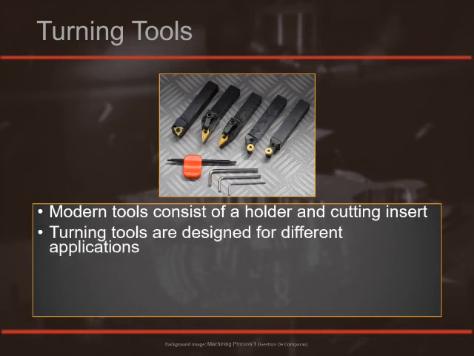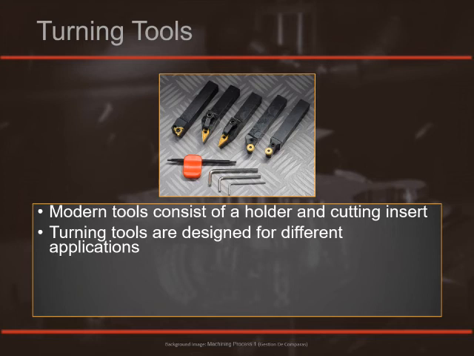For example, in the ones displayed, the one farthest to the left is a threading tool designed to cut threads on an external shape. The second tool, a turning tool in the image, is a left-hand tool because, in reference to the workpiece, it would be pointing to the left. The turning tool next to it with the diamond-shaped insert is a straight tool.